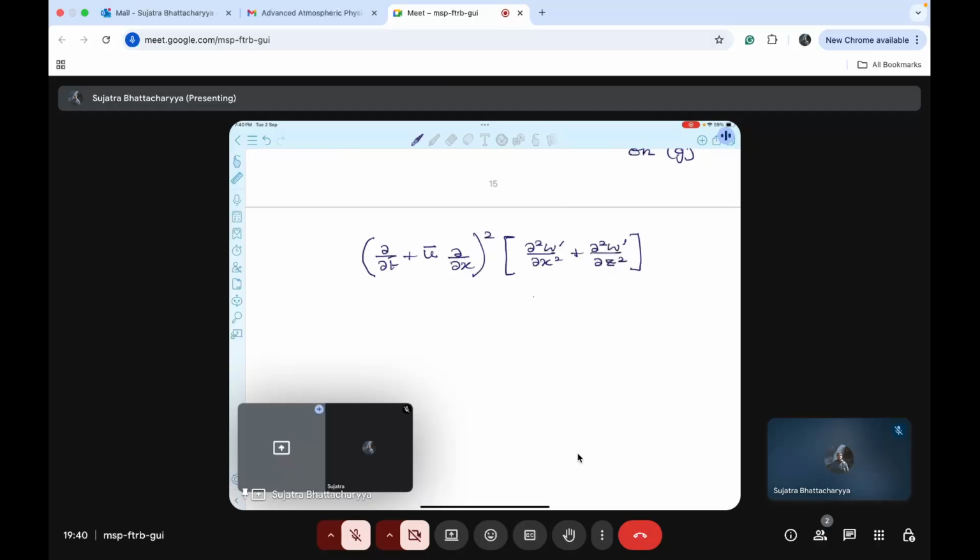Done. Next, minus g by theta bar del square by del x square, and you have the operation again because every term you have to operate. This is theta dash, put that equal to 0. This becomes your H equation.